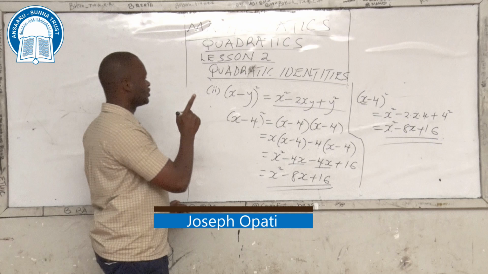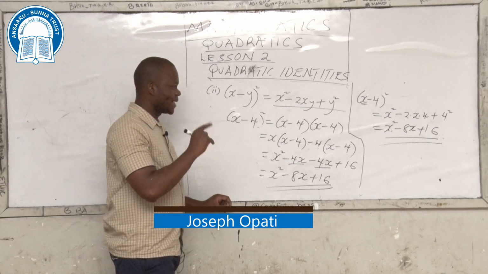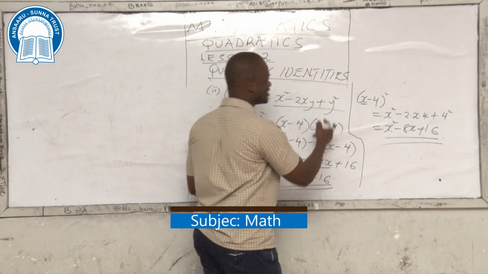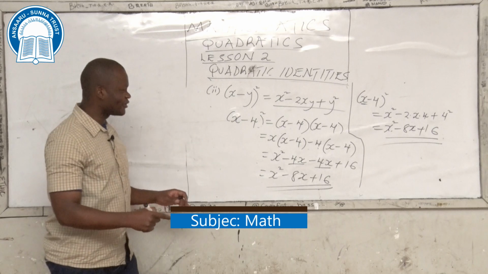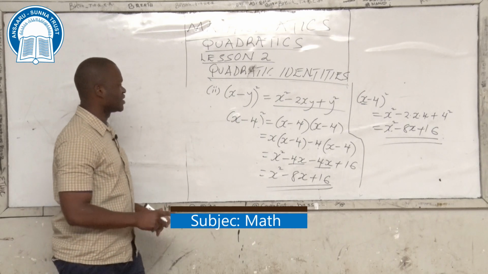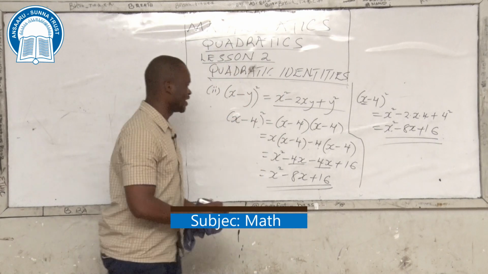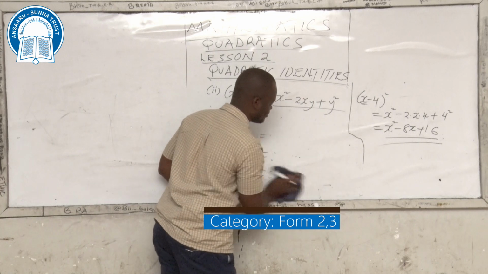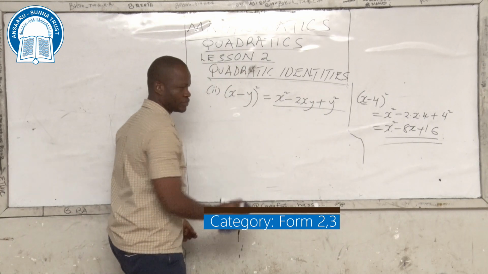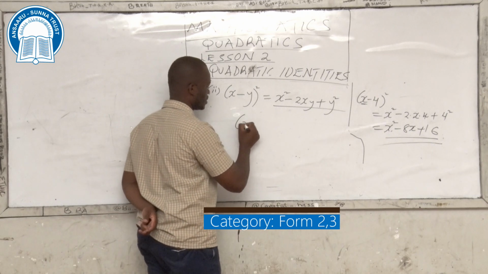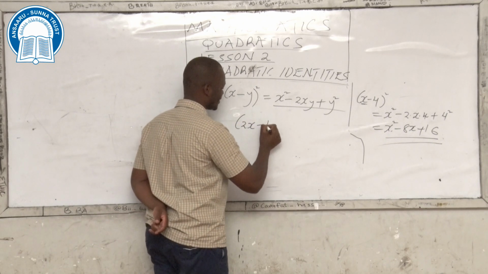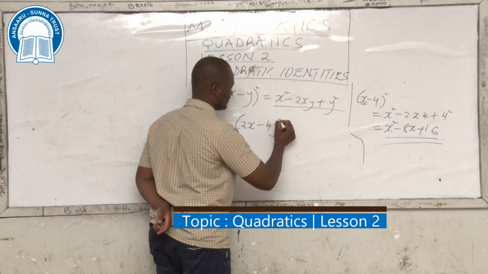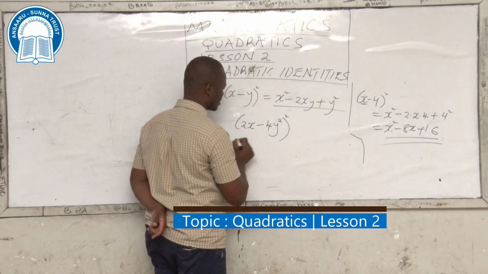So quadratic identities are meant to make our work easy. The equation is always going to hold irrespective of the values you have been given. Just maybe one or two more examples, then we go to our third quadratic identity. Now, assuming you have been given 2x minus 4y squared, all squared.